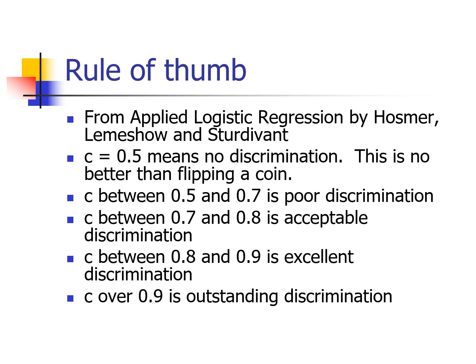But a C of 0.5 means no discrimination. In some ways, we could think of that as our lowest value. It's basically saying our model is no better than flipping a coin and saying heads, I think this person is a good credit risk, and tails, I think they're a bad credit risk.